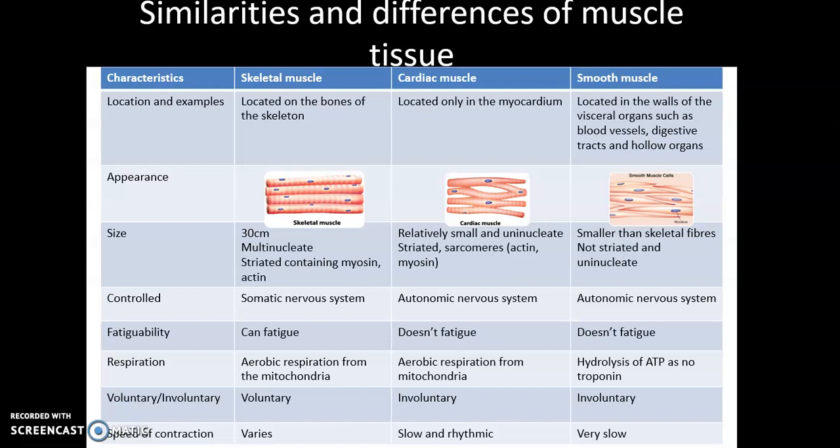This means they are thicker in the middle and thinner on the ends, and they are not striated like the cardiac muscle and skeletal. This is because they do not contain sarcomeres and have the same formation of actin and myosin.